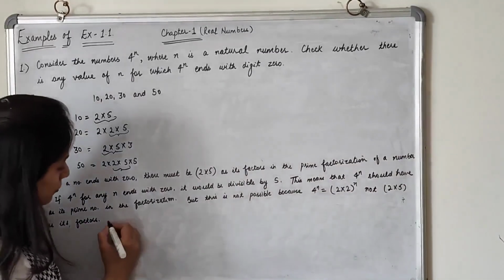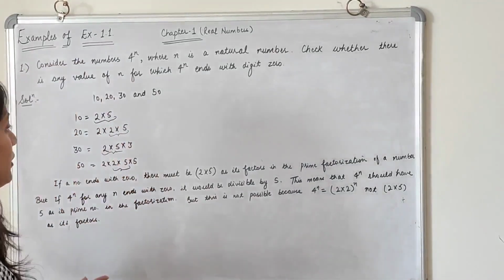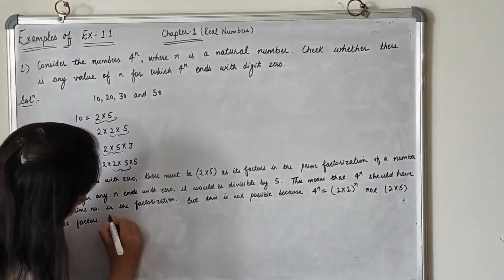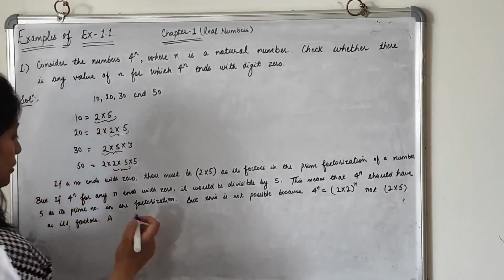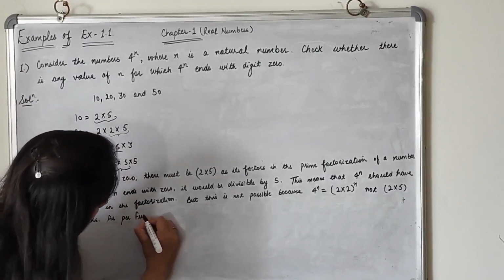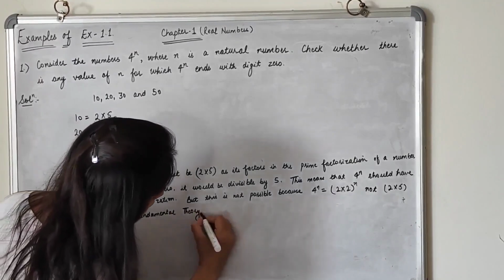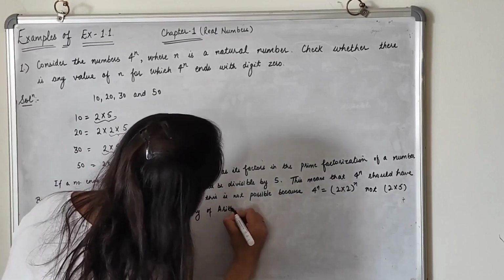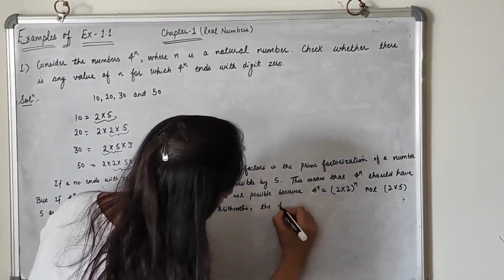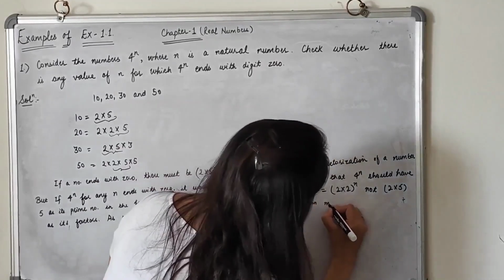Also, the fundamental theorem of arithmetic, which we earlier discussed, what does it say? As per the fundamental theorem of arithmetic, the factorization must be unique.